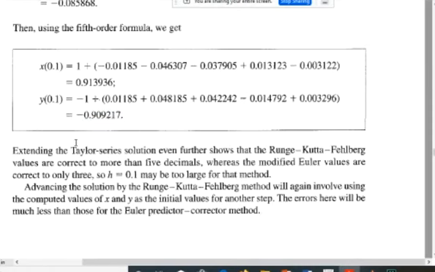Extending the Taylor series solution even further shows that the Runge-Kutta-Fehlberg values are correct to more than 5 decimals, or 5 digits after the decimal. Here, the modified Euler values are correct to only 3, with the same step h equals 0.1 for both approaches.